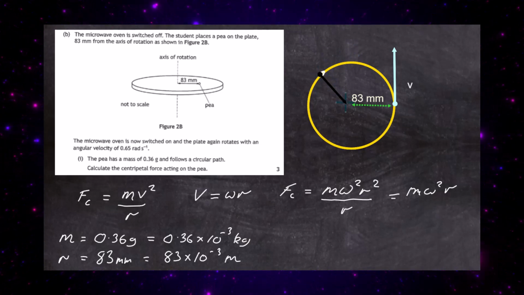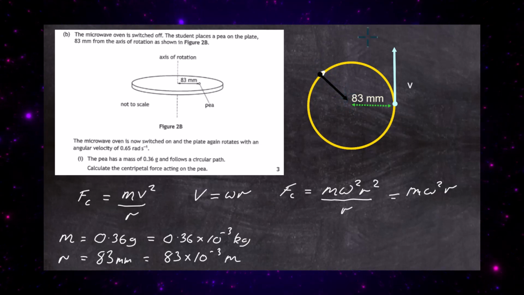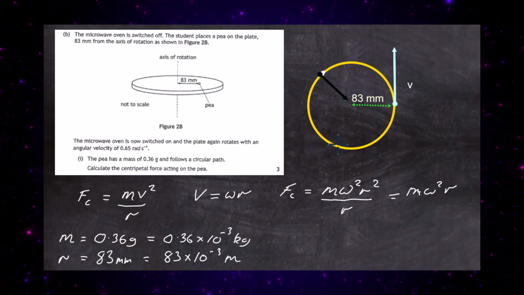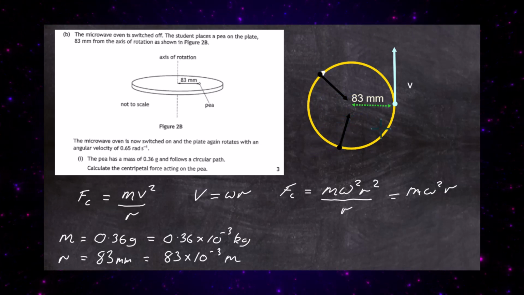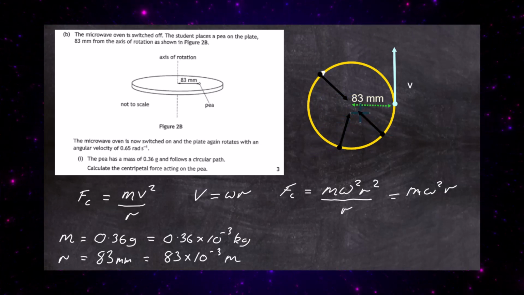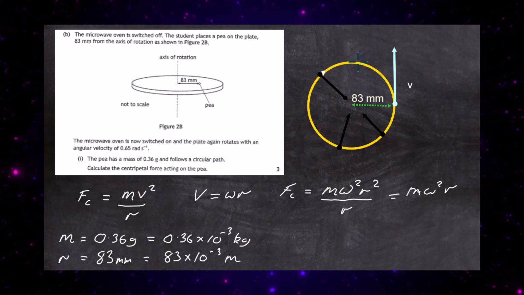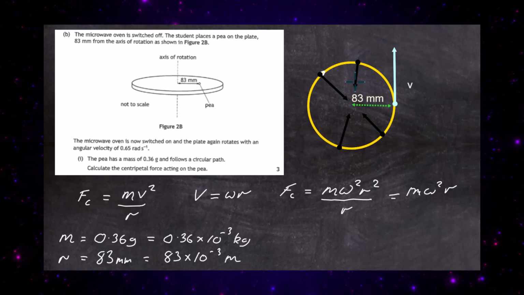There's the centripetal force acting towards the centre. So no matter where you are on that circular orbit, the P will experience a force towards the centre of its motion. So the centripetal force always points towards the centre.